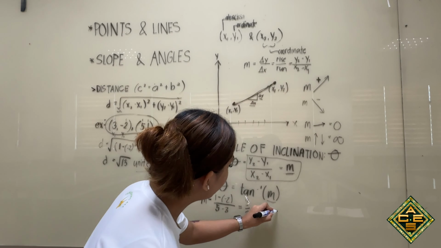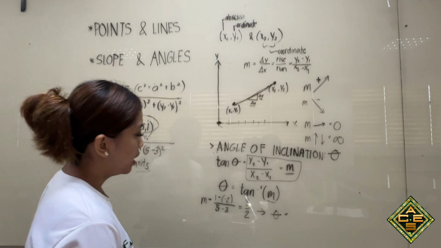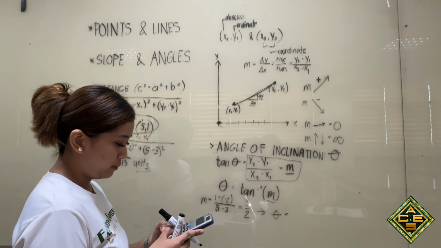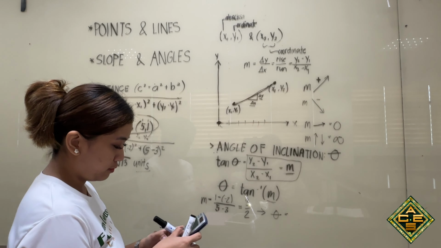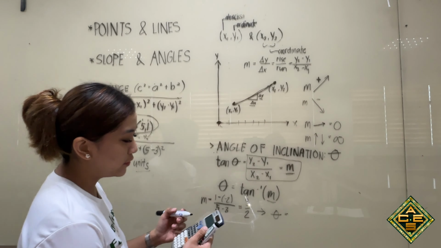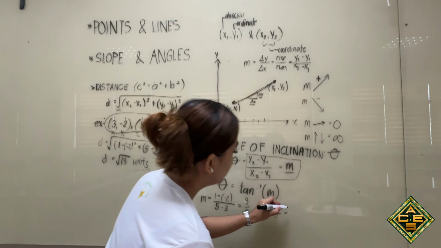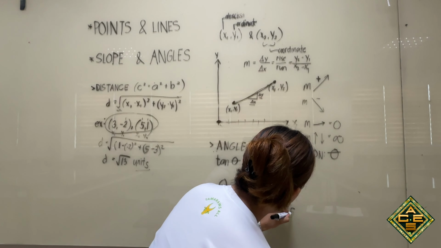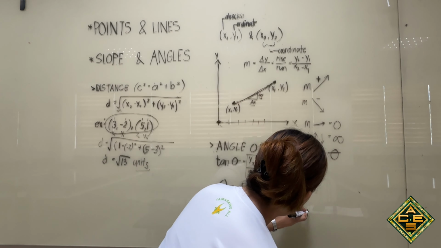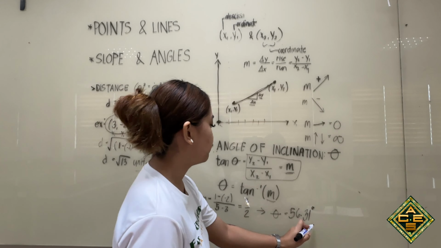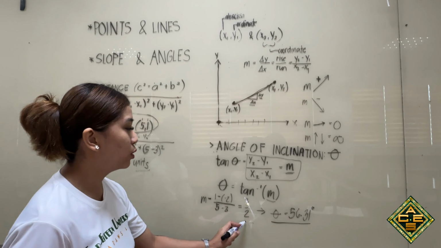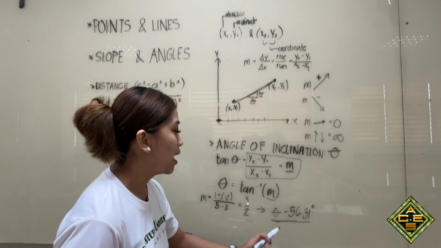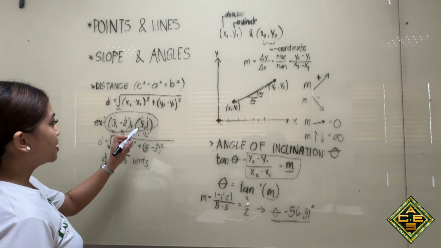So its angle of inclination is 56.331 degrees. So here we have the slope and the angle of inclination of these points.